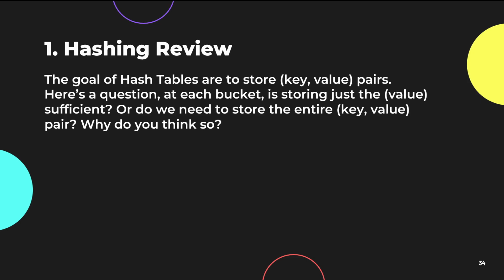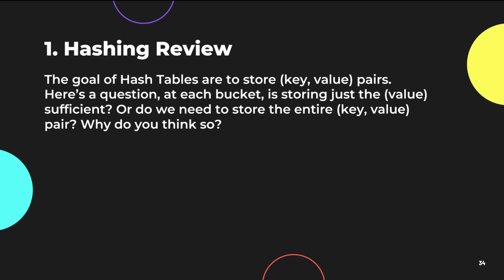Okay. How about the others? Maybe two people who want to suggest? Yeah, I think as we saw with the collisions, because multiple keys can map to the same slot, right? So that's why I think we also need to store the keys along with the values. Okay, so you're suggesting that because multiple keys can be mapped into one slot, we need to store the key.